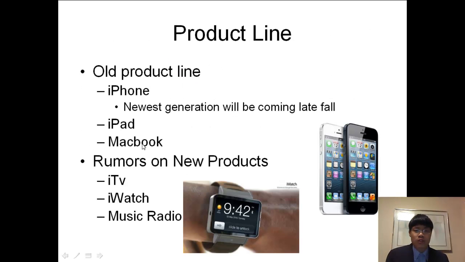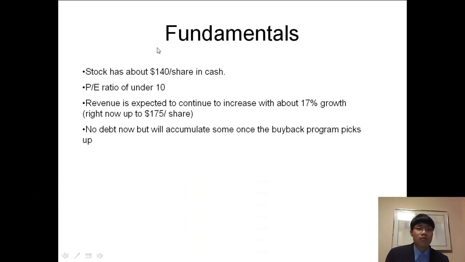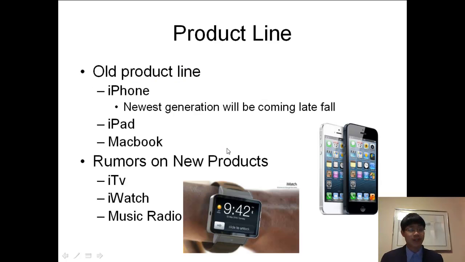Fundamentals, again: $140 in cash, a P/E ratio of about 10 right now, and revenue expected to grow at a 17% growth rate. No debt for now, but once that buyback program starts picking up, we're going to see more debt picked up, but that should not be an area of concern for investors.